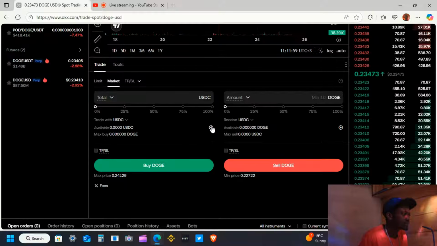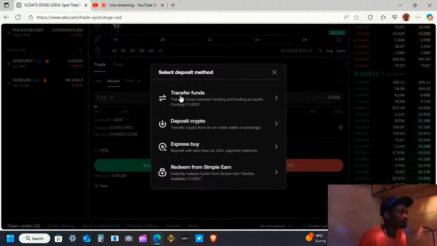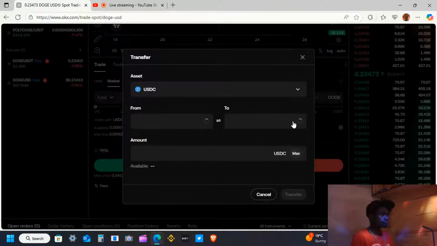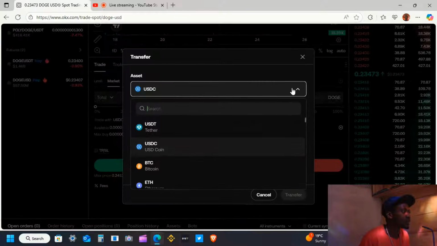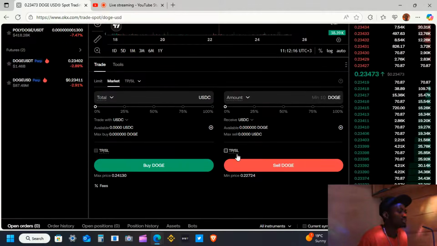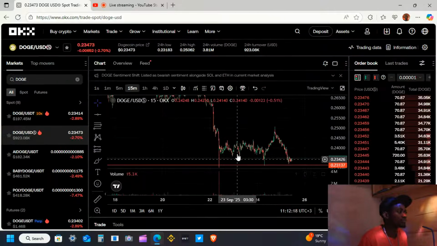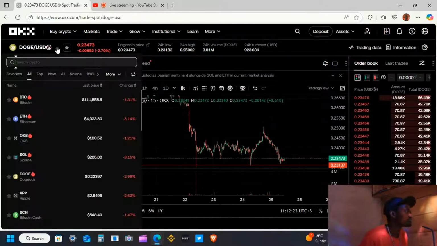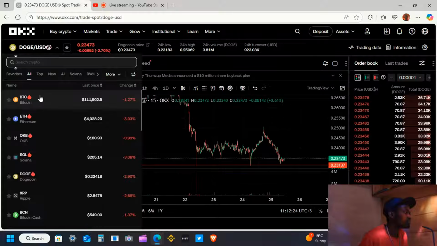I need to transfer first. Let me transfer. USDT, very good balance. I think I can just convert first. Let me trade first in BTC, because I think BTC holds some amount.